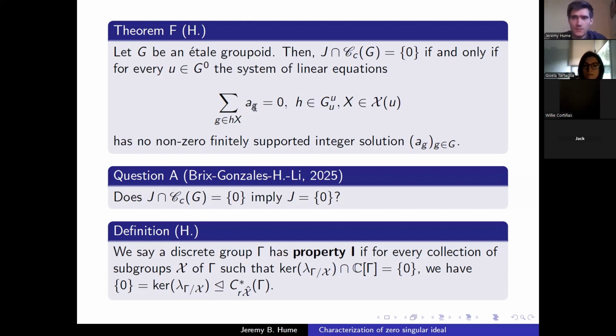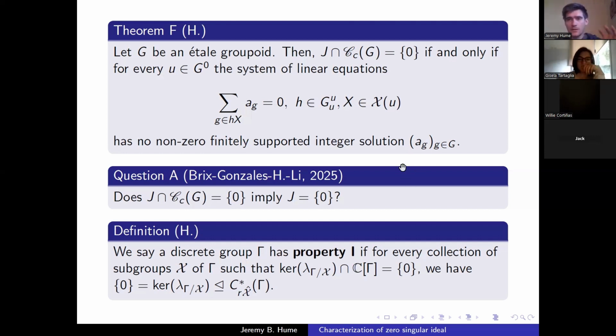It takes on integer values, and the summation is over a coset of a subgroup in this collection of subgroups curly X of U. Finitely supported just means only finitely many of these AGs are non-zero.